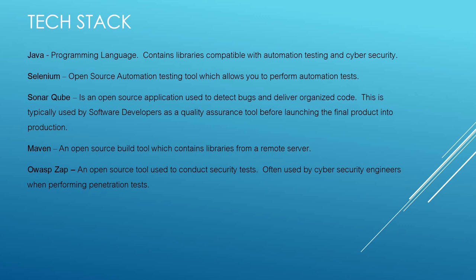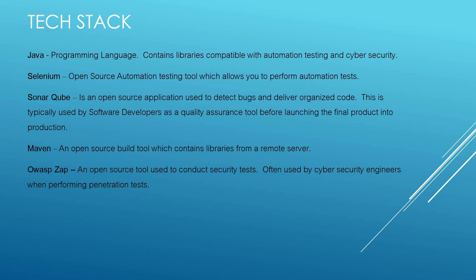Just in case you don't know what that is, that's totally cool. I actually have prepared a small demonstration which will show you exactly how Selenium operates. But basically what Selenium does is it automatically will conduct tests for you without you having to do anything.